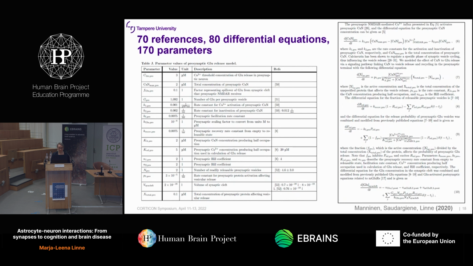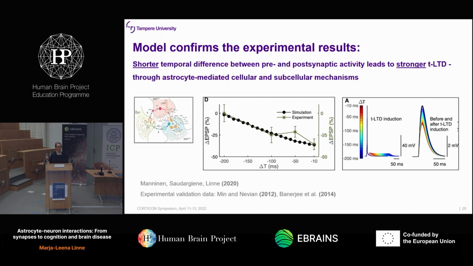So it can be 10 milliseconds, 50 milliseconds, or up to 200 milliseconds. So this shorter temporal difference between pre- and post-synaptic activity leads to stronger TLTD through the astrocyte-mediated cellular and subcellular mechanisms. So we were able to produce quite closely the experimental results that were shown mainly by Pannasch and also in Min and Nevian.